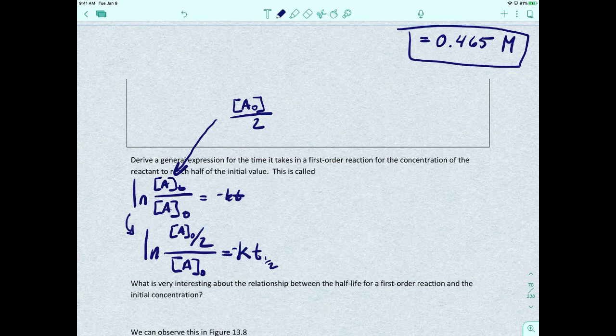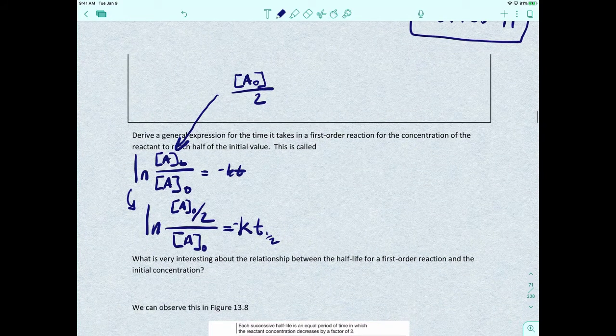So on the left-hand side, where you have the initial concentration of A divided by 2, divided by the initial concentration of A, well, let's assume that the initial concentration of A was 1 molar. So if it's 1 divided by 2 divided by 1, it's still going to be 1/2. So it's going to be whatever's on the top.